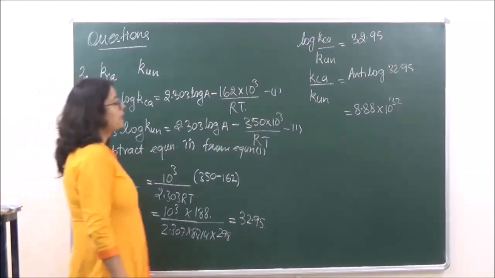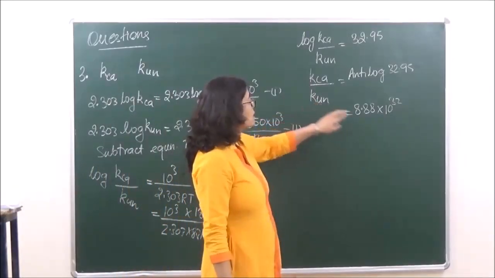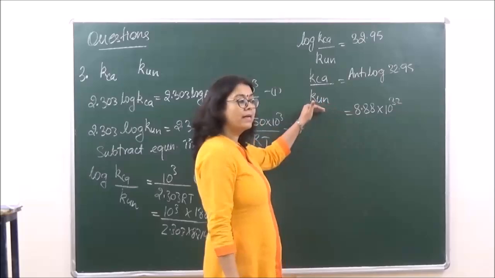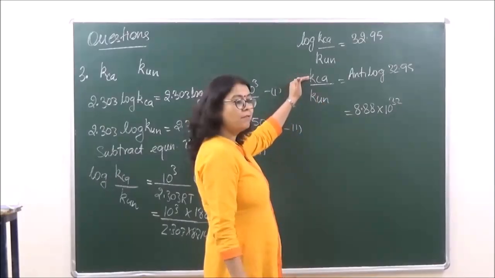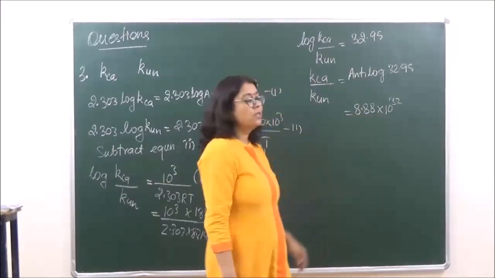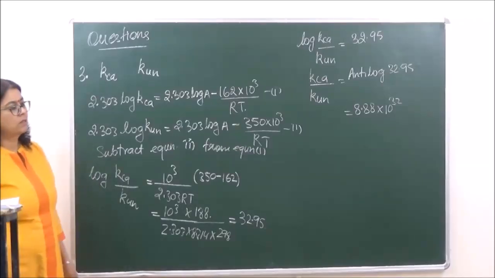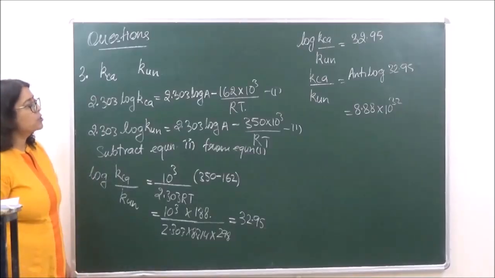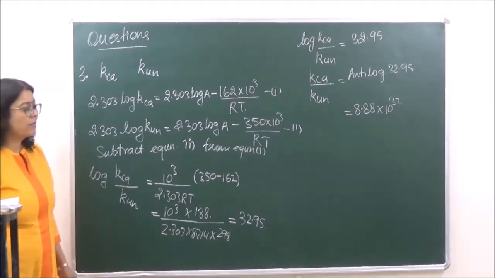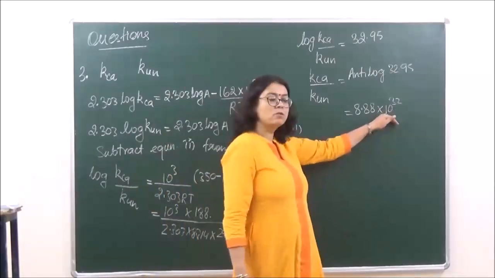So what you can understand from here is that the catalyzed reaction is this many times the uncatalyzed reaction. Matlab ki when we have used a catalyst over here, the reaction rate increases to almost 10 raised to power 32 times. Okay, so for such kinds of questions, the options would be in terms of powers of 10.